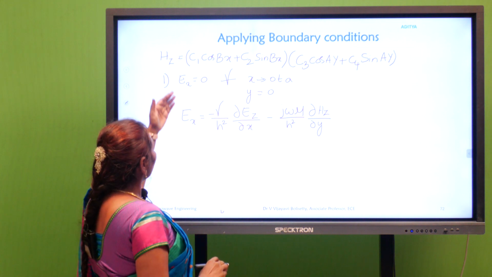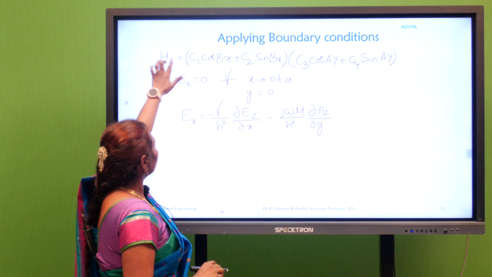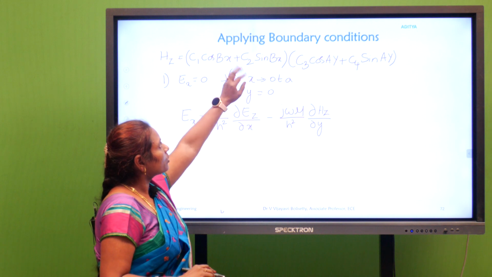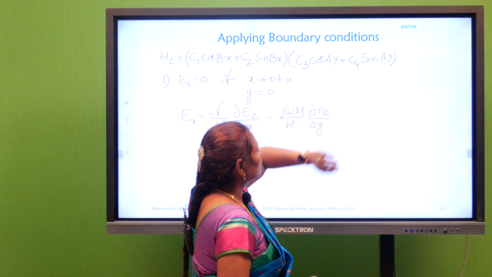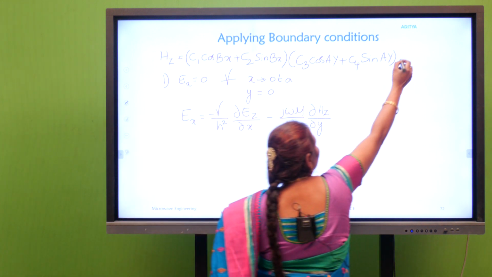And here in our TE wave equation, Hz is (C1 cos bx plus C2 sin bx) into (C3 cos ay plus C4 sin ay). This is our equation 37.